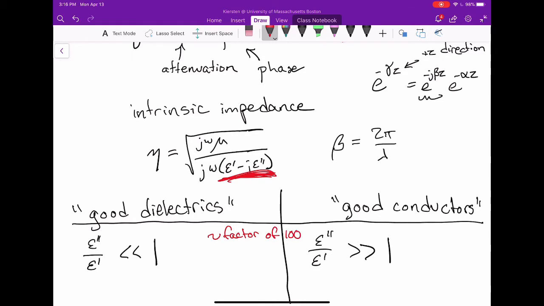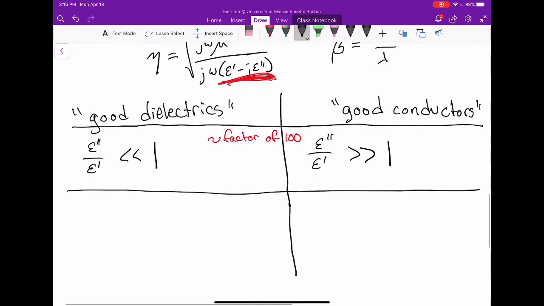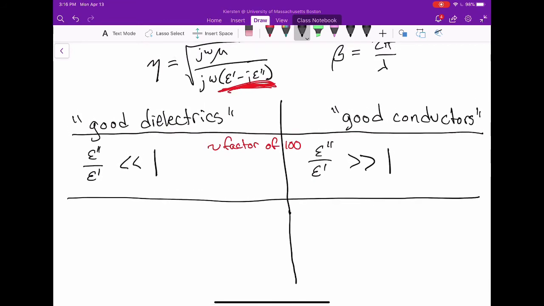So epsilon double prime needs to be 100 times epsilon prime if you want it to be a good conductor, and it needs to be 100 times smaller than epsilon prime if you want it to be a good dielectric. And in those situations, there are a set of approximations that we can apply if those things are true. So anytime we have a square root of the complex effective permittivity, that is a square root of epsilon prime minus j epsilon double prime.